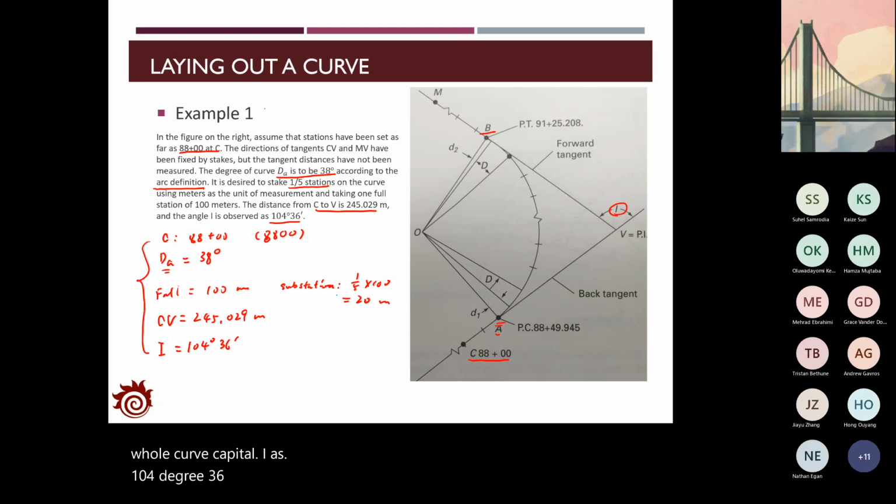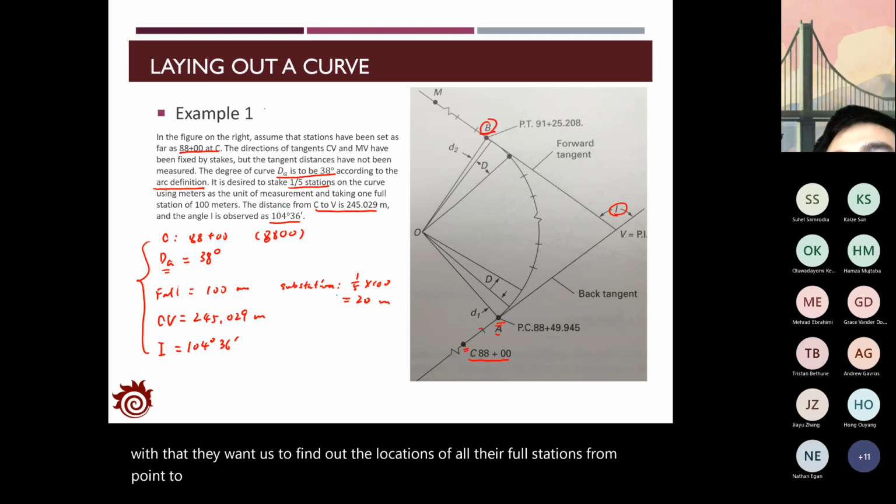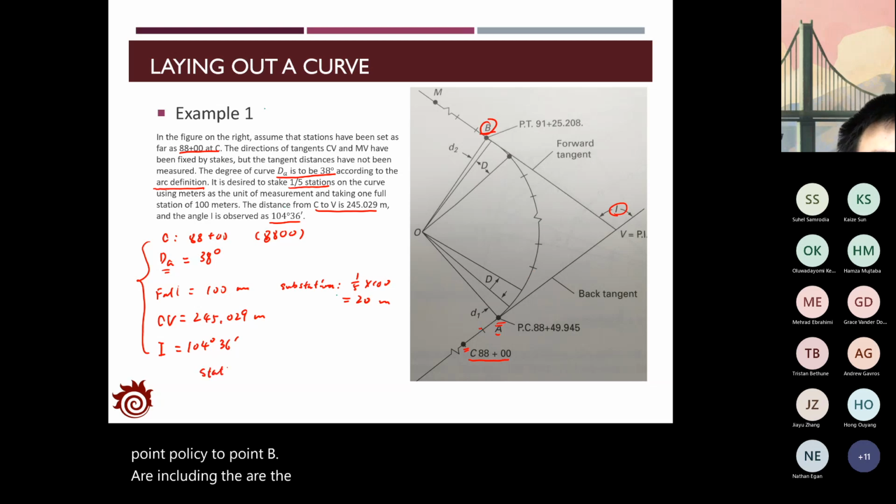So these are all the information they provide to us. With that, they want us to find out the locations of all the stations from point C to point B, including the station at every 100 meters and substation at every 20 meters.